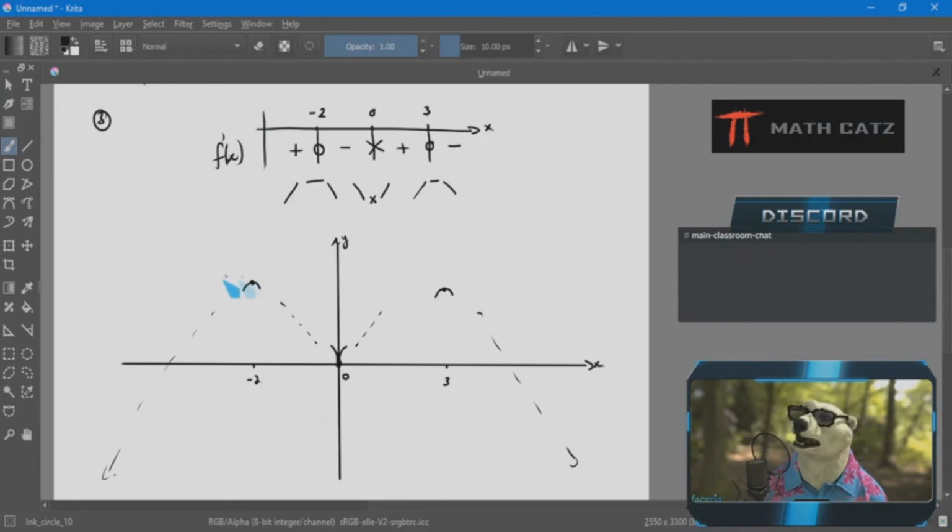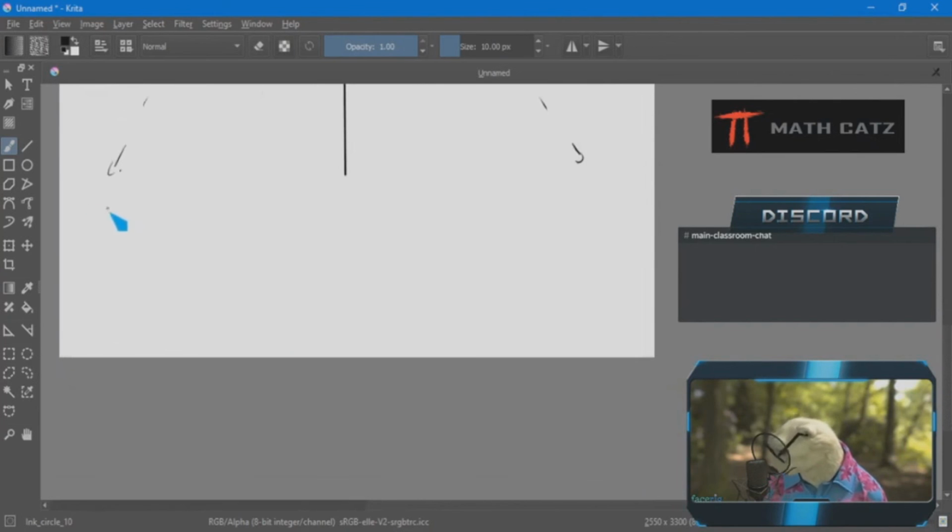Now I just want to confirm how the graph bends, and that's step 4. So let's do that. Squeeze it in here.